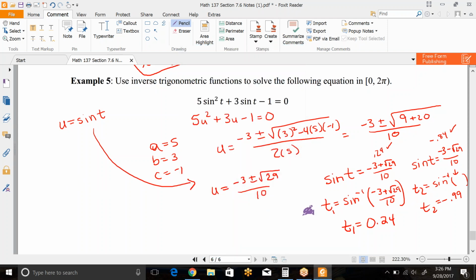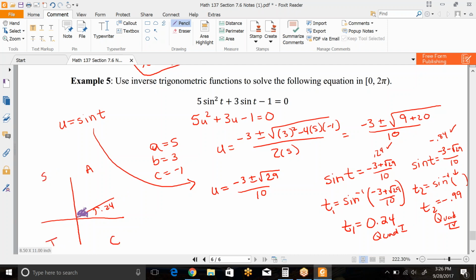This one is in quadrant 1 because it's giving me a positive. This one's in quadrant 4 because remember, sine inverse goes in either quadrant 1 or quadrant 4, and this is negative. So we're going to draw a picture for those. The 0.24, I'm going to do just this one by itself. So that's 0.24. Now notice that is when sine is positive.